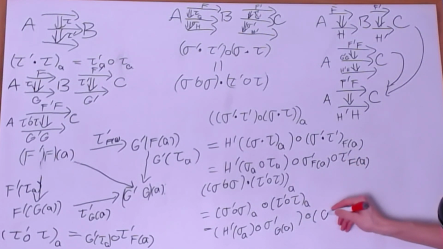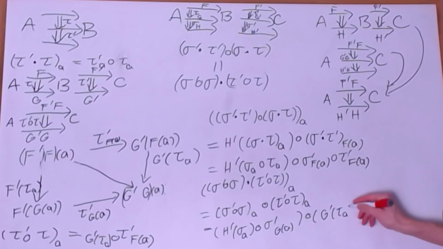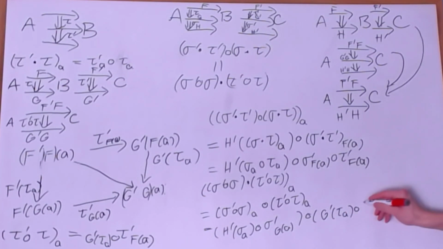So I do G prime of tau at A, composed tau prime at F of A.